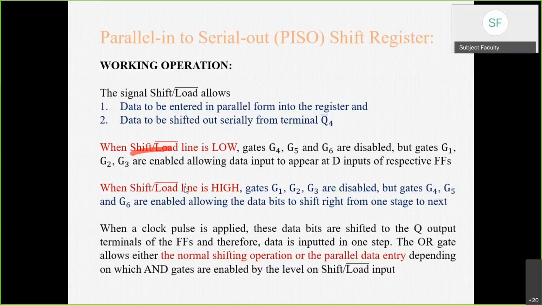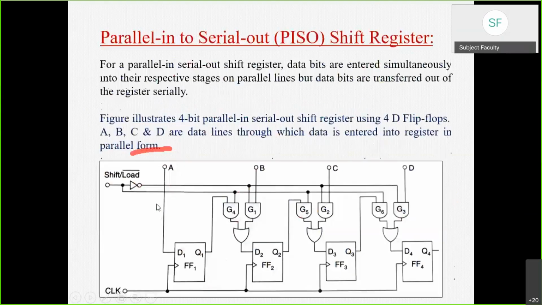You can clearly observe that this shift and load is nothing but this terminal. Since we are in the digital domain, the value of this terminal will be either 1 or 0. Apart from these two, there is no third value available. So now we are understanding how it operates in two modes, that is, in shift mode and in load mode.